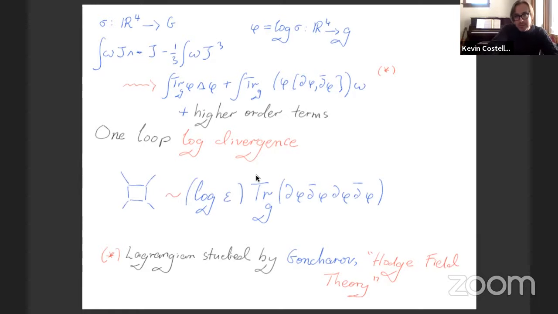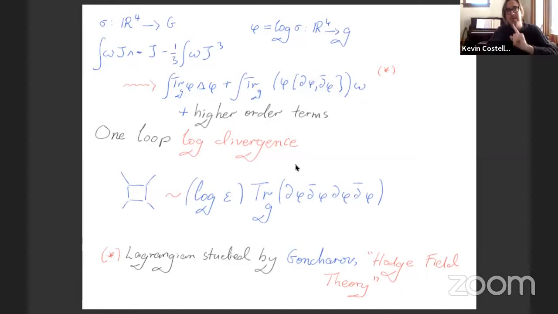You can convince yourself of this by looking at the dimensionality, just by considering how many propagators we have and the dimensions of the propagators and how many integrals we're doing. You can convince yourself this should be a log divergence of this form.